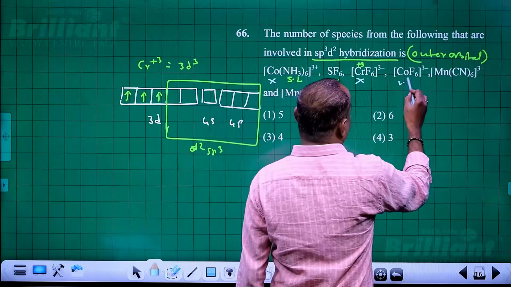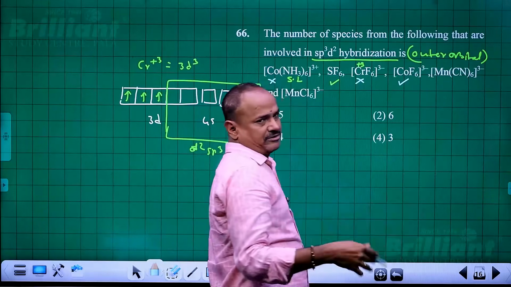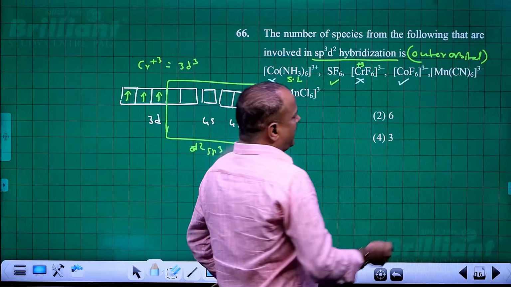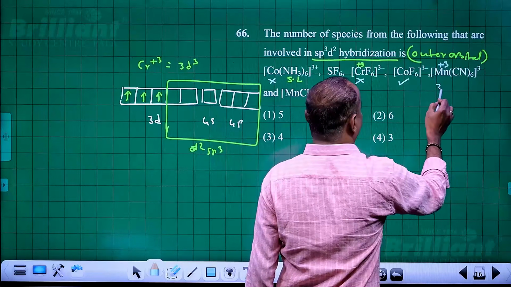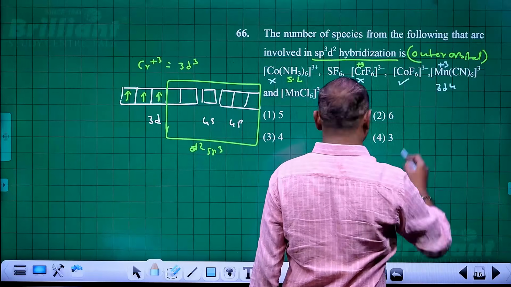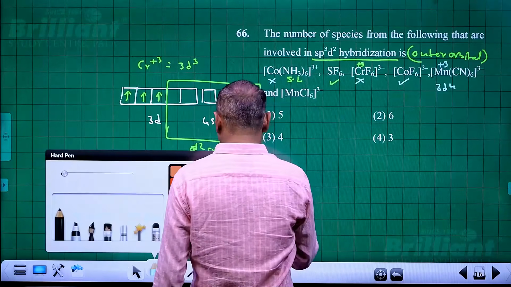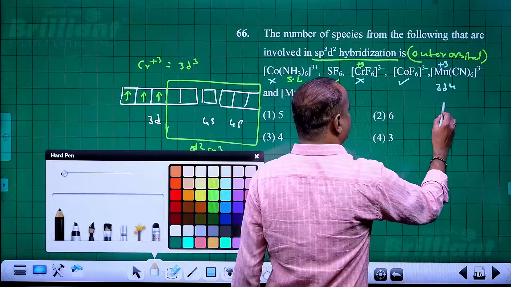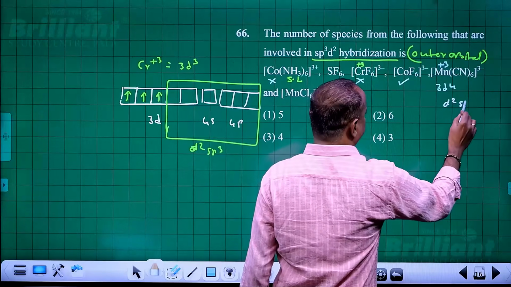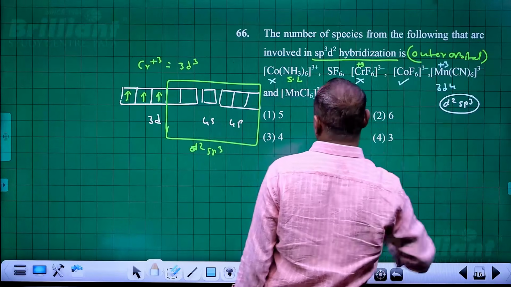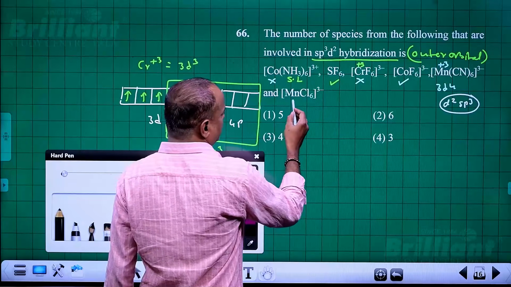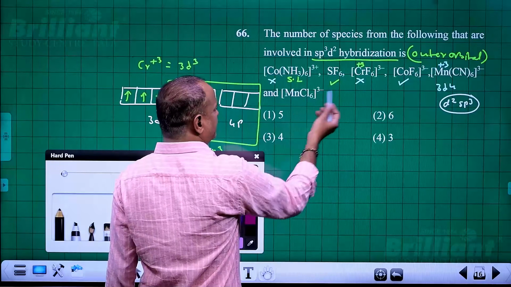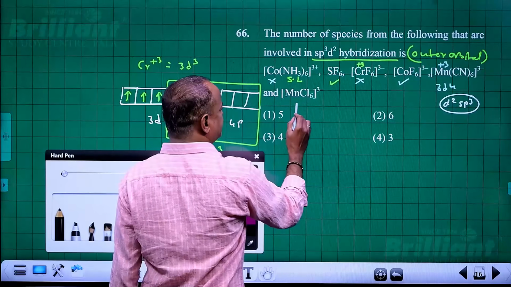CoF6 is correct, because a weak ligand in plus 3 state gives sp3d2. Mn(CN)6: Mn plus 3 state is 3d4. Cyanide is a strong ligand, therefore this is also d2sp3 hybridisation, an inner complex. MnCl6 has a weak ligand, same metal, so sp3d2.